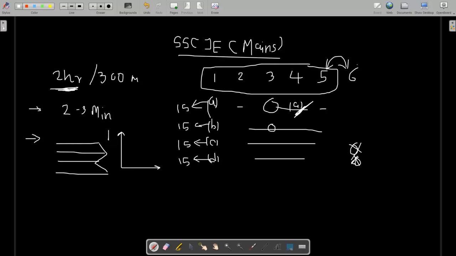For example, if you draw the PV diagram of the auto cycle, show from where the process starts and all the processes. Not too much detail, like labelling point 1 to 2 as isobaric, isothermal, adiabatic. That much detailing is not required, but at least the basic detail so that at first look the examiner can understand, oh yes, this is the PV diagram of the auto cycle. So that is the thing.